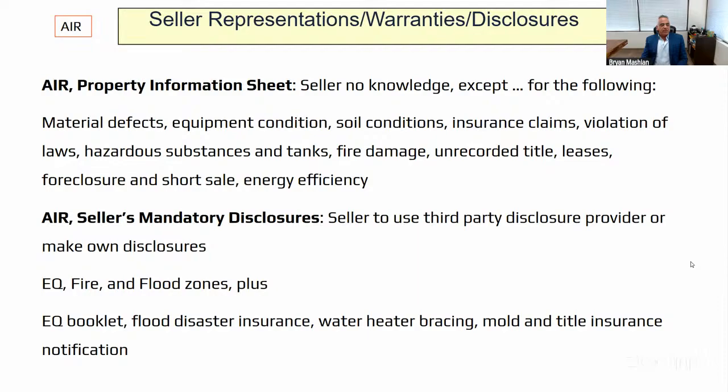Then the seller's mandatory disclosure statement goes further to provide an earthquake safety booklet and make the disclosures that are required regarding earthquake safety, whether flood disaster insurance is required, are the water heaters braced, if these are legally required disclosures. Is the property near methamphetamine laboratory activity? Does the seller know of any hazardous substances, contamination?